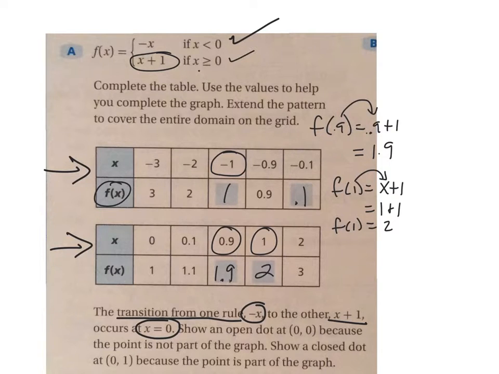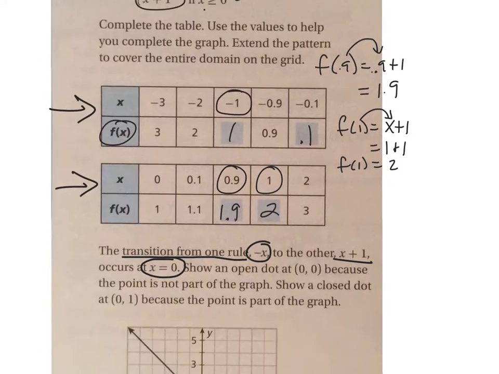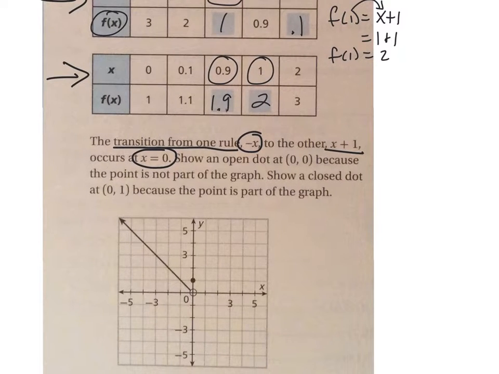And then this one says everything applies as long as x is equal to 0 or greater. Well, let's look at what that means on a graph. It says show an open dot at 0, 0. And notice that's what they did right there. They put an open dot. That's where the transition is, because the point is not part of the graph. Now, this left part was the negative x.